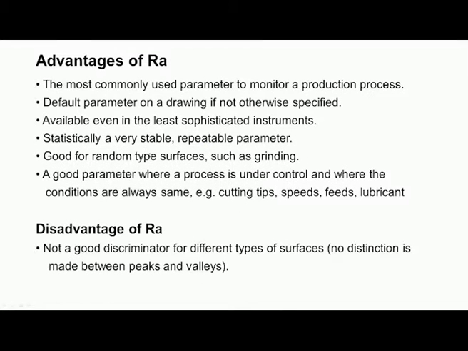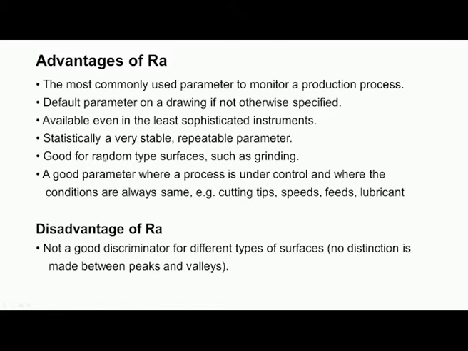Now, what are the advantages of using the RA parameter? This is the most commonly used parameter to monitor production processes. It is the default parameter on a drawing if the parameter is not specified. RA is available in almost all commercially available surface finish measuring instruments, and it is a statistically very stable and repeatable parameter.